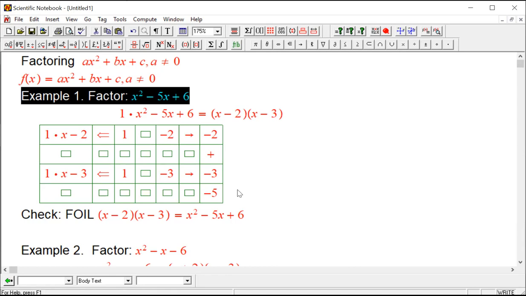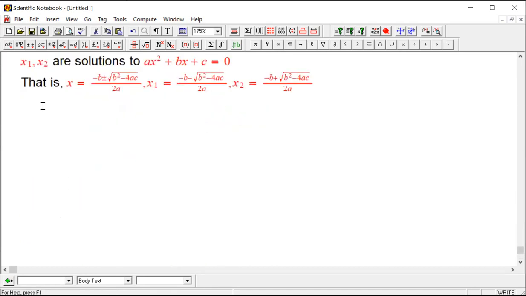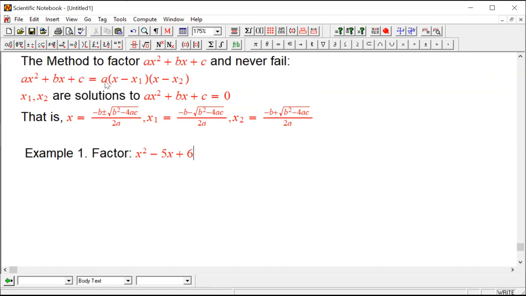We use that method. So back to example number 1. According to this format, it should equal a times that. We just plug in numbers.